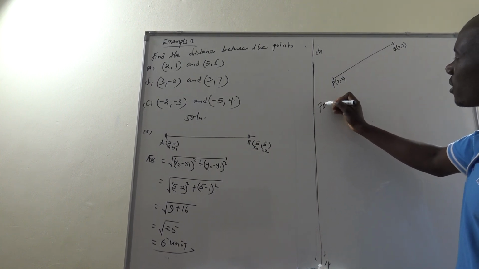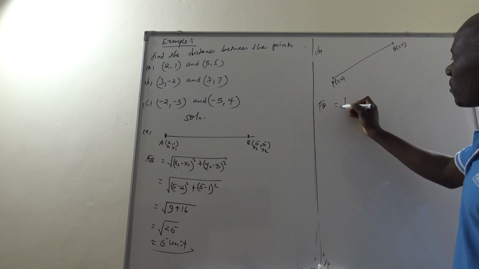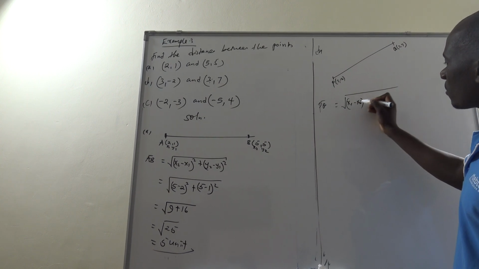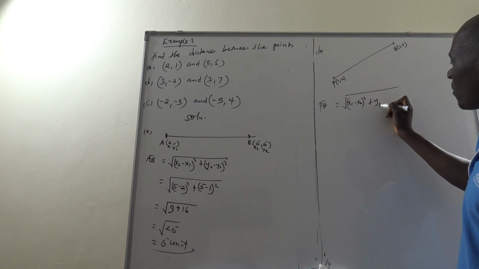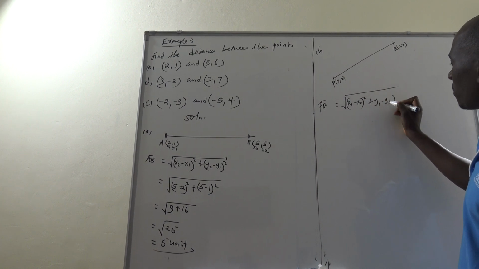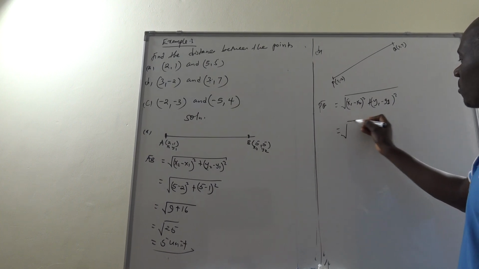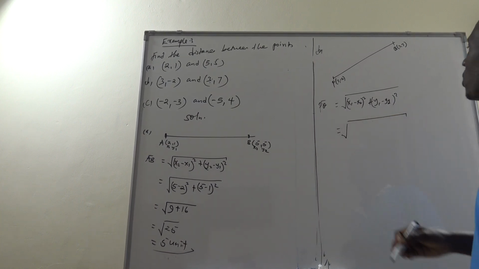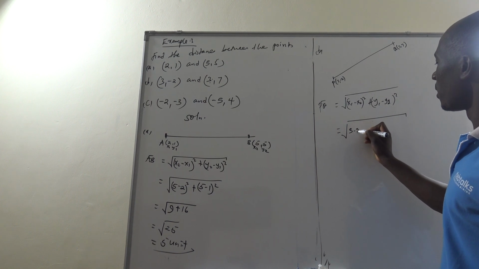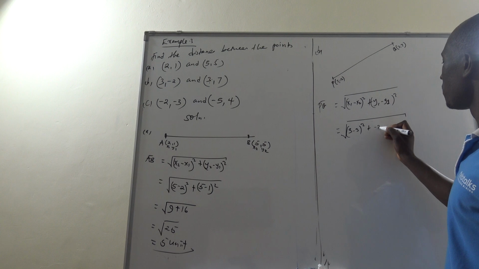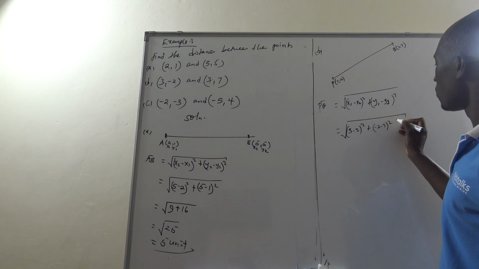Same story, PQ is root of x1 minus x2 squared plus y1 minus y2, the whole of it squared, which becomes root of 3 minus 3 squared plus -2 minus 7 squared.